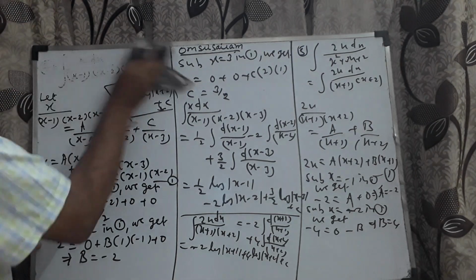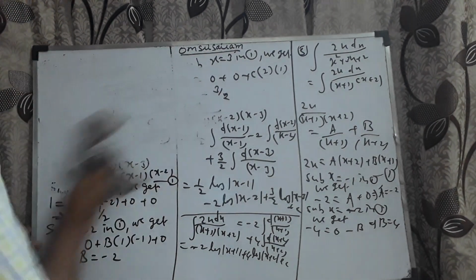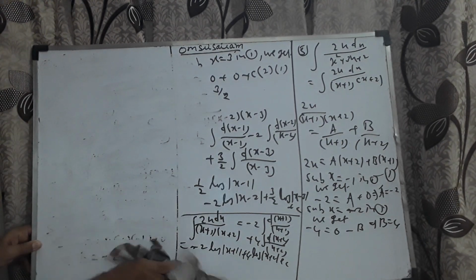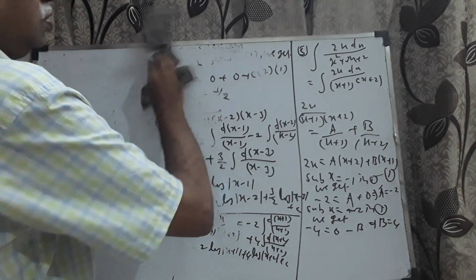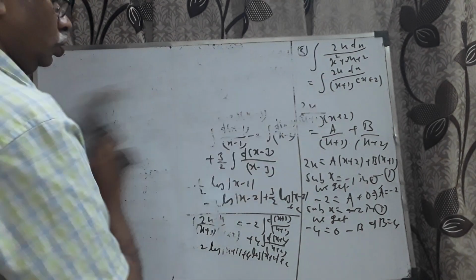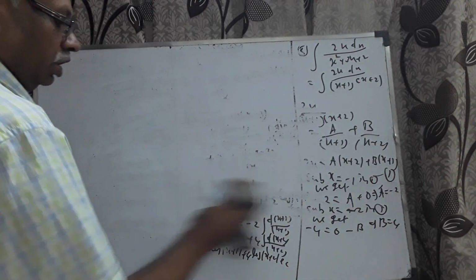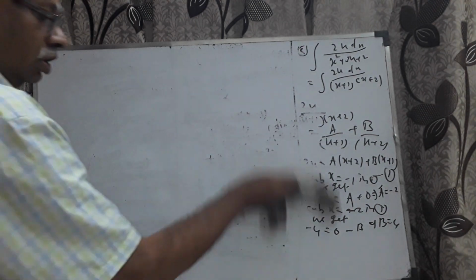You need to understand the logic behind the simplification, how to get the constants a, b, c, etc. If there are 3 such cases, there will be another constant c also. You just simplify carefully to get the values of a, b, c, and then the integral becomes easier.